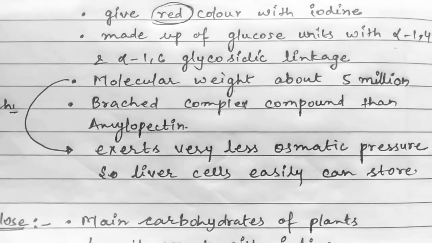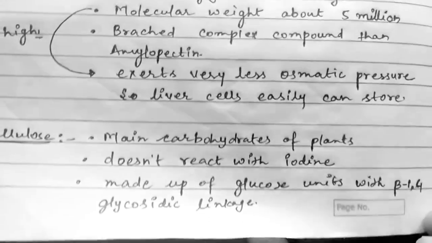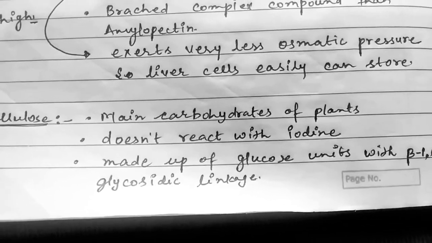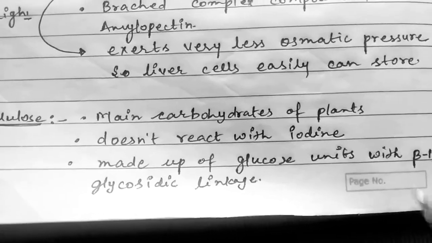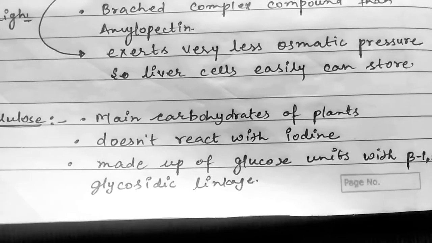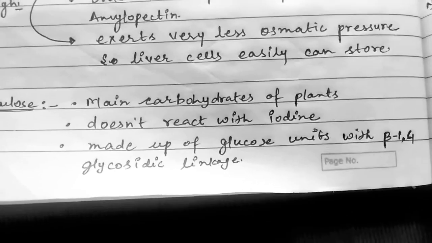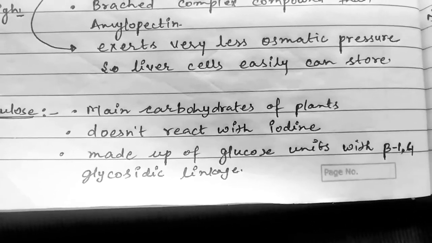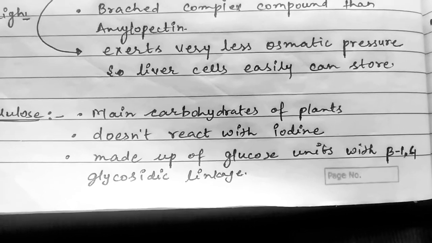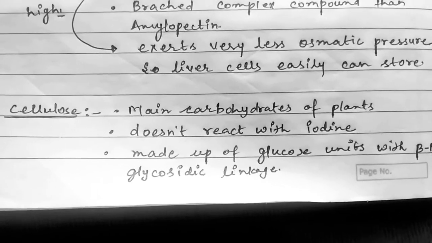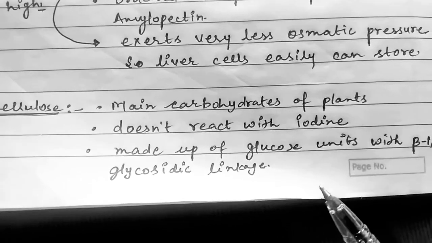Yes. Then student, we will talk about the cellulose. Cellulose is also one of the main carbohydrates of the plant. And it does not react with the iodine. Remember, student, starch gives blue color with iodine solution, while glycogen gives red color, and cellulose does not react with the iodine. And student, you need to remember one thing.